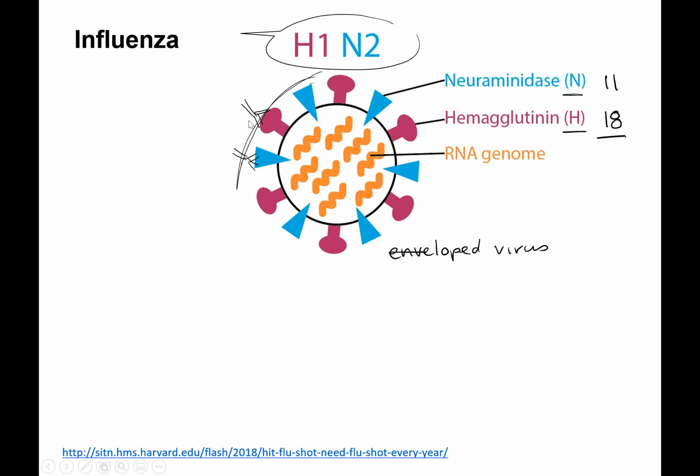Influenza has 8 different RNA segments, and they encode different genes. Like I said, this is on the wiki.